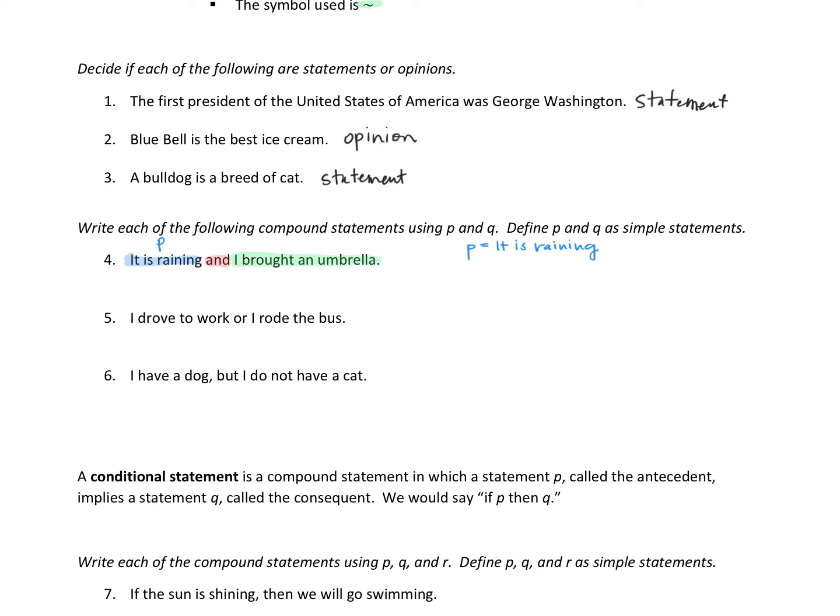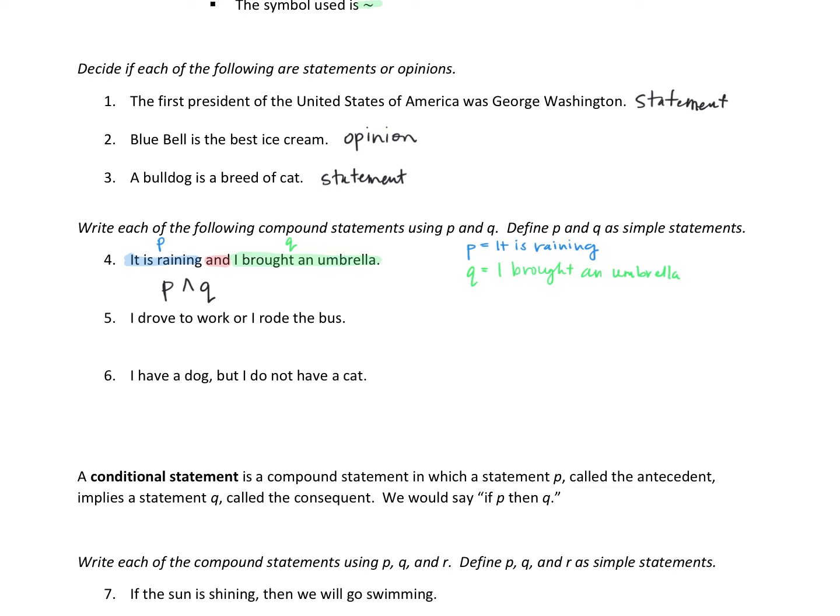We can label that as Q. So Q, the simple statement is, I brought an umbrella. Okay, so we've defined P and Q as simple statements, and we want to write the compound statement using P and Q. So P and Q is how we would write that.